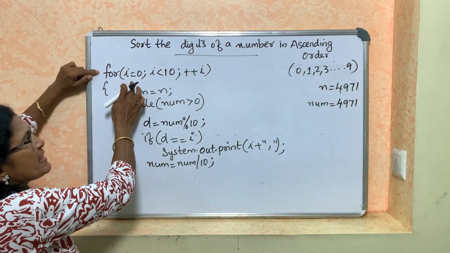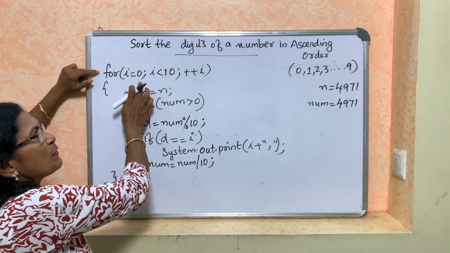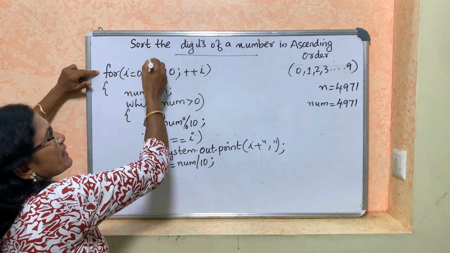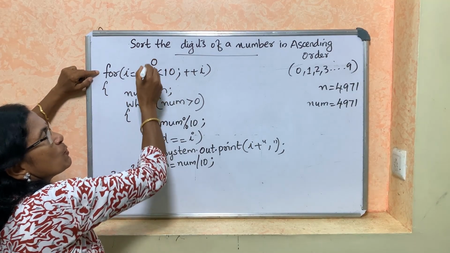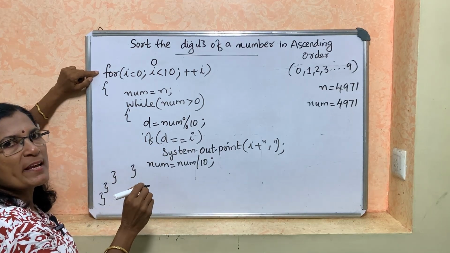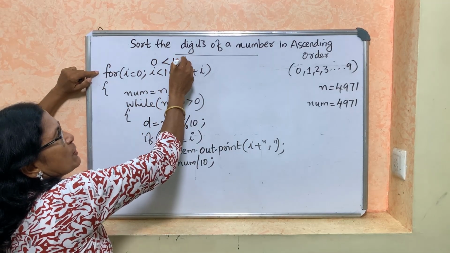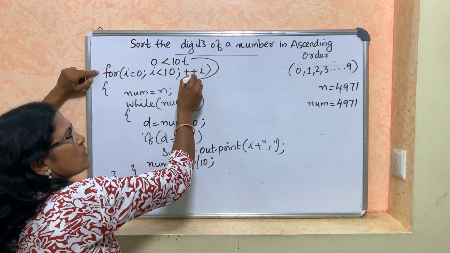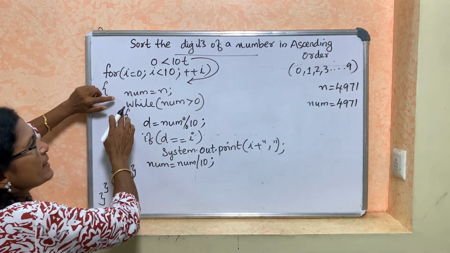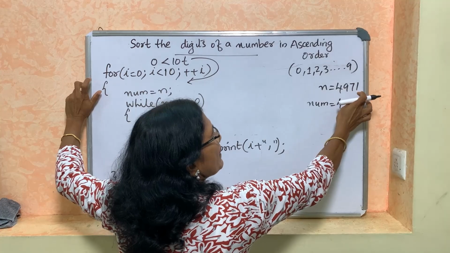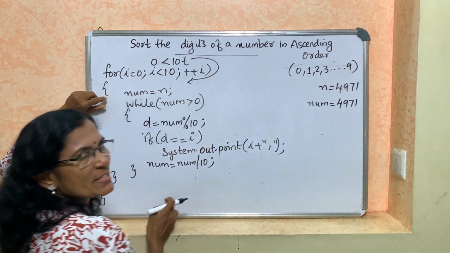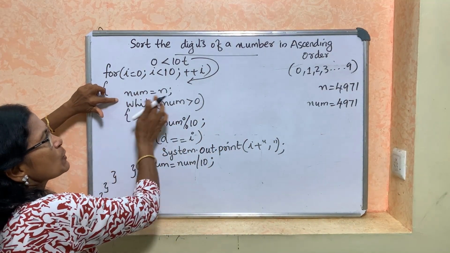When the for loop starts its execution, the initial value of i is 0. So here the test expression is evaluated to check whether the loop has to be executed or not. 0 less than 10. Condition is evaluated to true. So control enters into the body of the loop. Here I have assigned the value of n to one more storage location named num. Num equal to n.